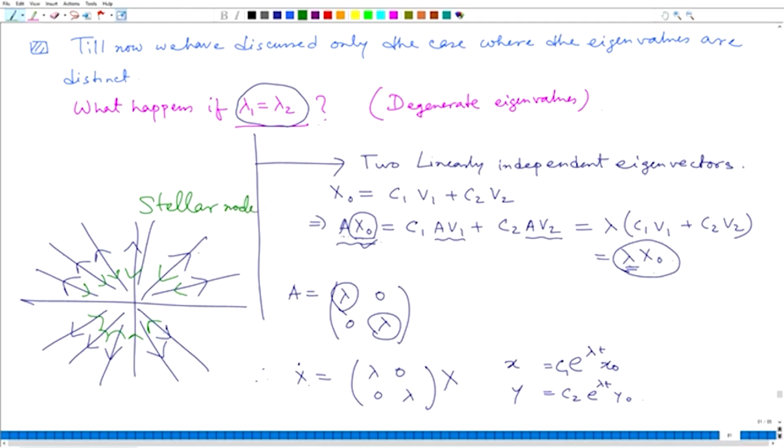So, here in this case this is a repeller, star repeller or stellar repeller, and here this is an asymptotically stable node, asymptotically stable node. So, this we all know.